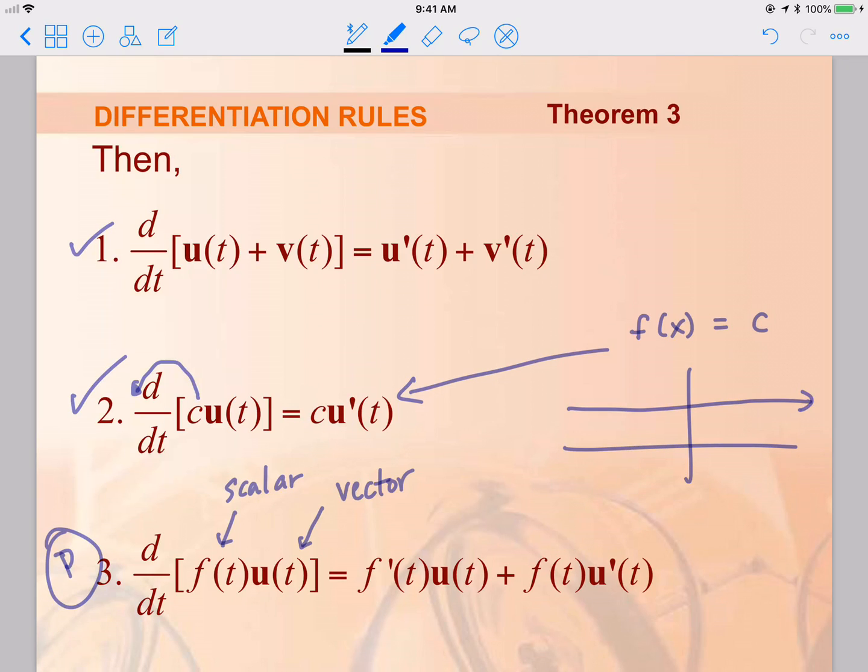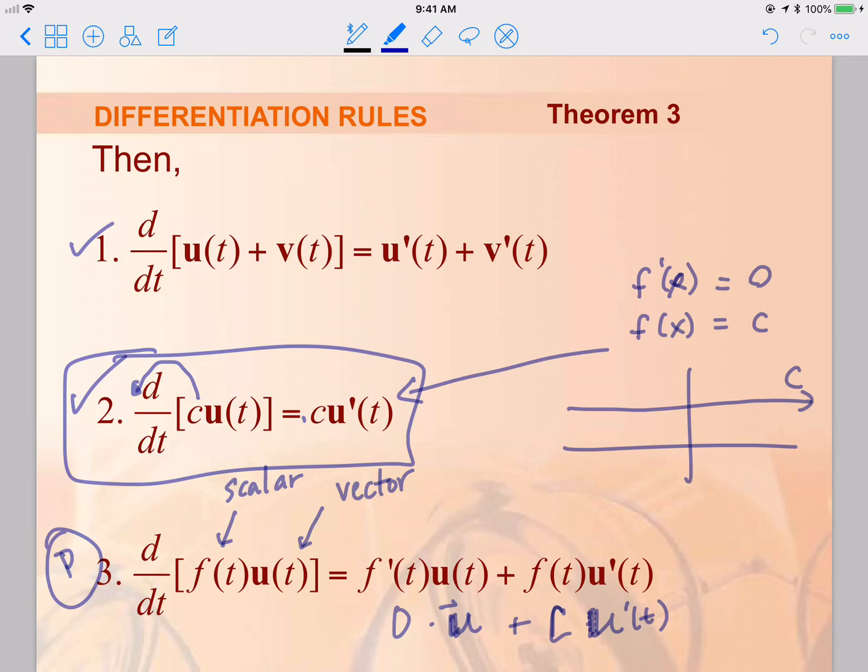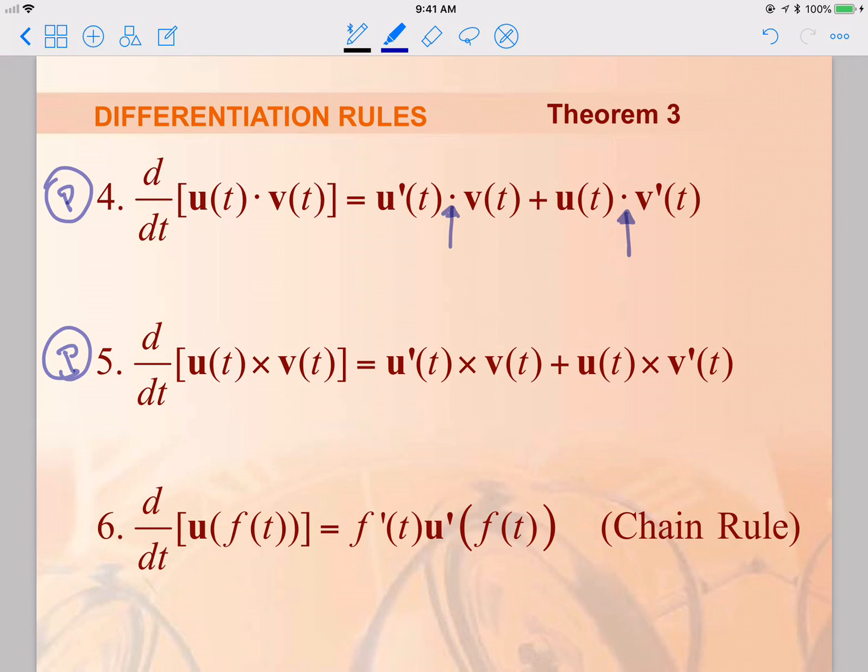And in that case, when you take f prime of x, it'll just be equal to 0. So you would have 0 times u plus c times u prime, right? So number 2 is a little redundant. Number 2 is a special case of number 3, but that's okay.